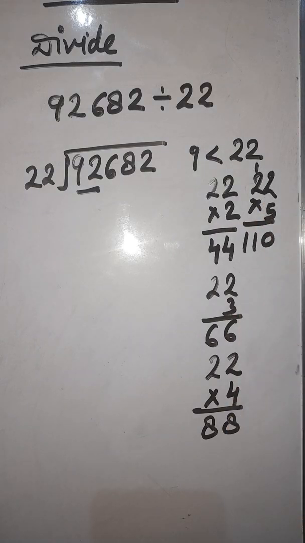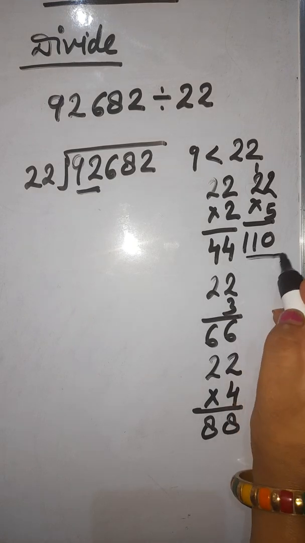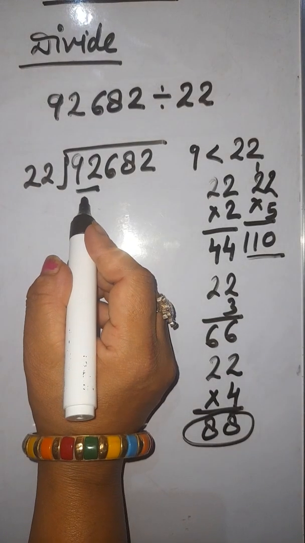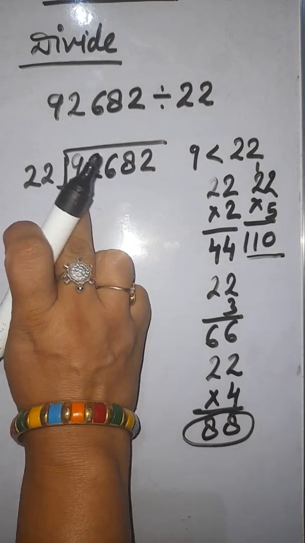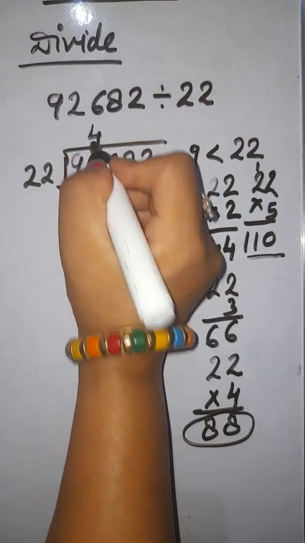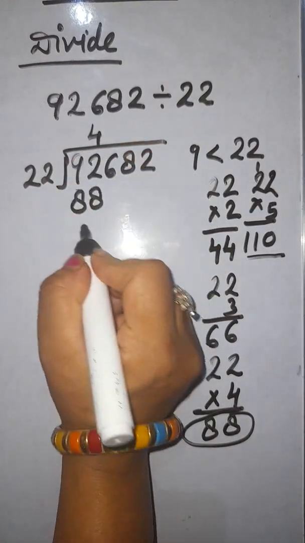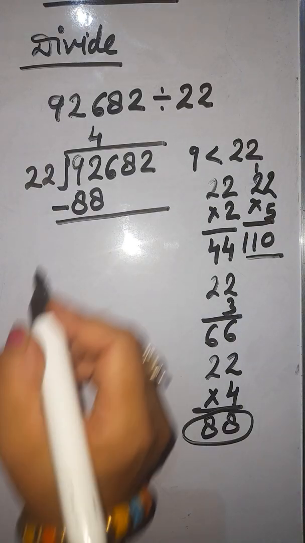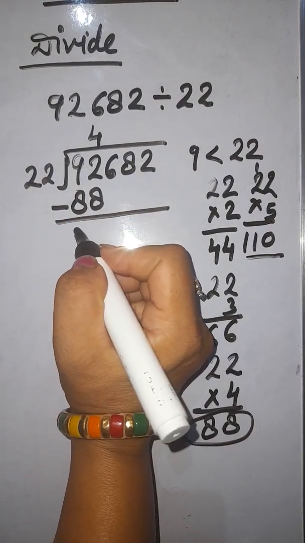So students, now check both the numbers. 110 is greater than 92 and 88 is smaller than 92. So we'll just write here 22 4s are 88. Now step 2, we'll subtract 8 from 2.